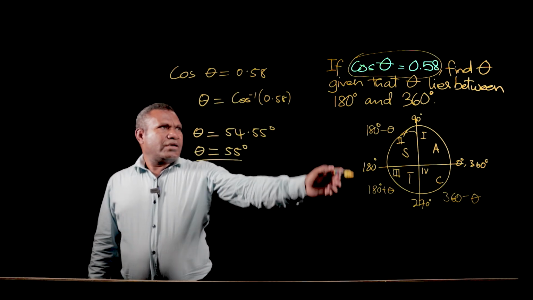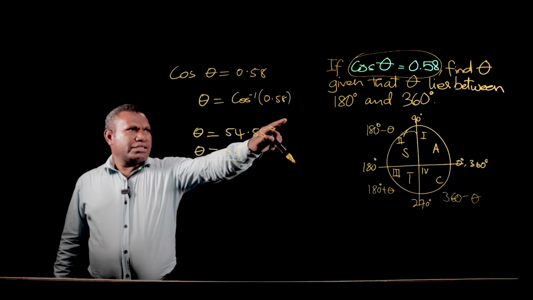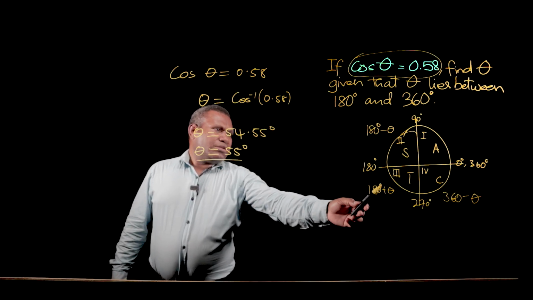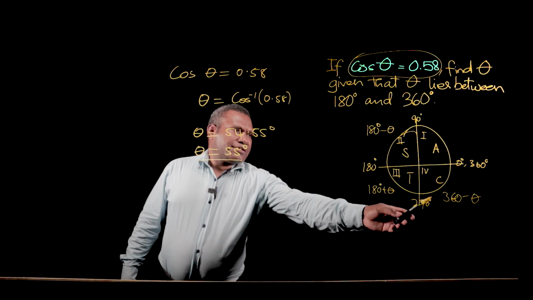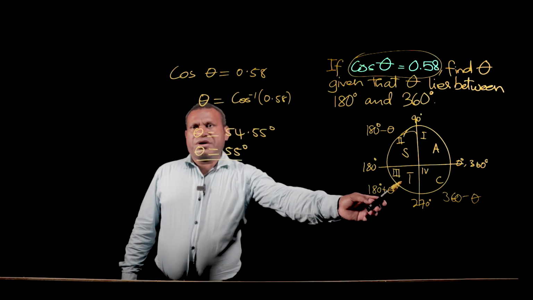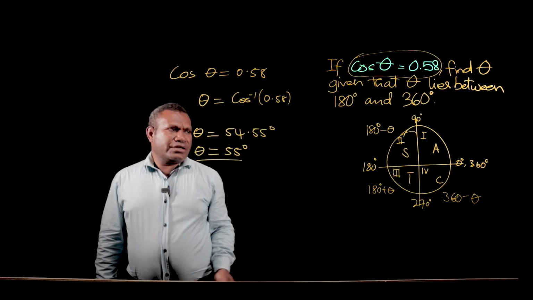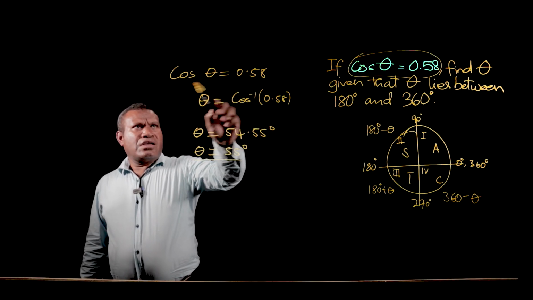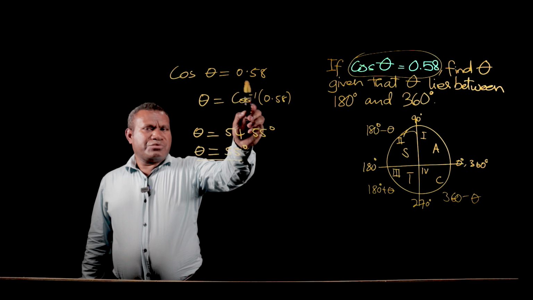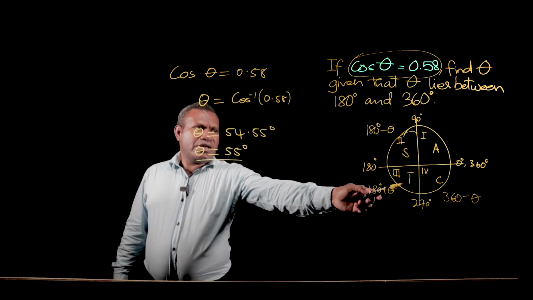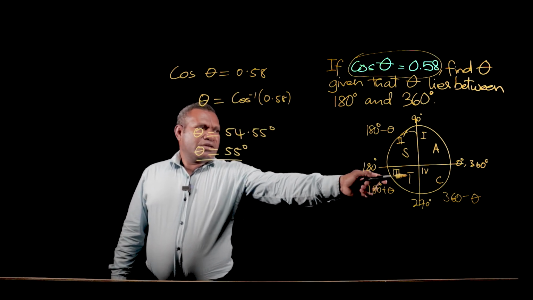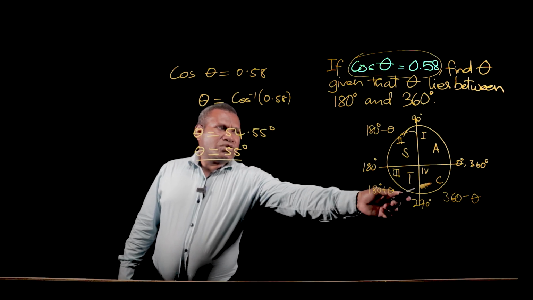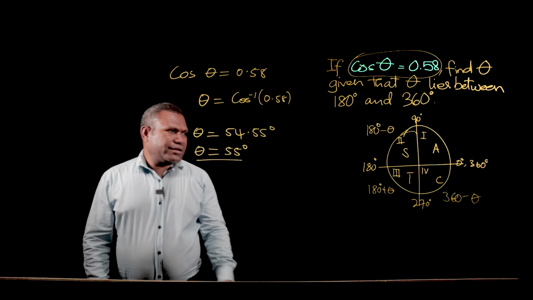The angle that we are required to calculate is between 180 and 360, so the angle theta will be only in these two quadrants. But we see that in the third quadrant, only tangent is positive, and cosine is negative there. So the only quadrant where cosine is positive is the fourth quadrant.